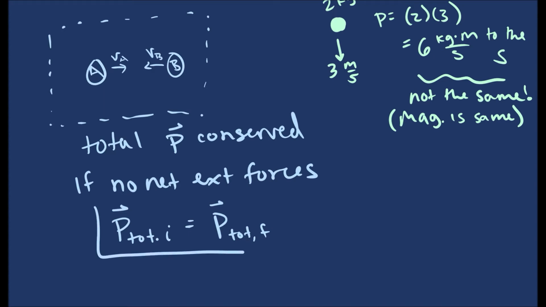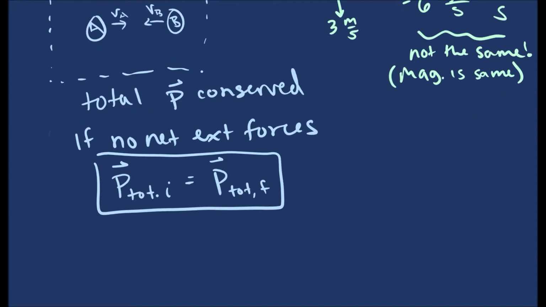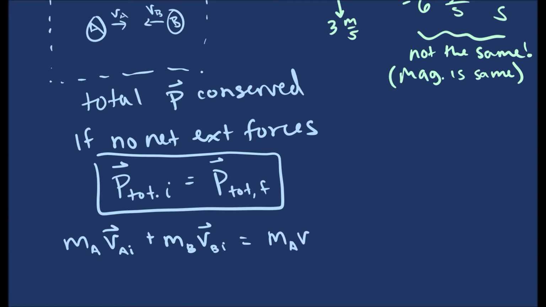Okay, so this is an important equation here. If we have just 2 objects that we're looking at, this equation would become, well, we look at the momentum, so MA VA initial, this is a vector, plus the mass of B times the VB initial equals the mass of A times its velocity final, so that's an F there, plus the mass of B times its velocity final.